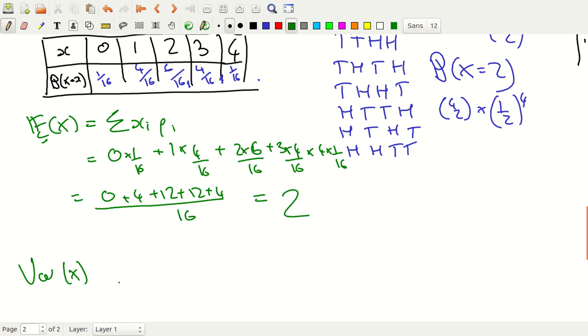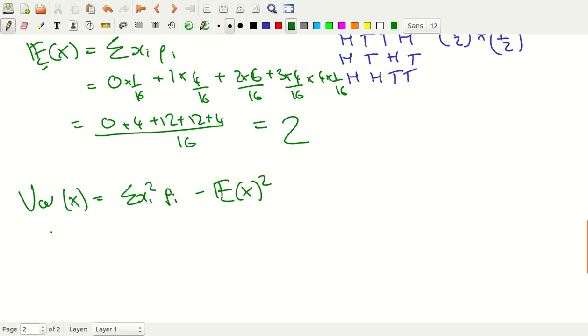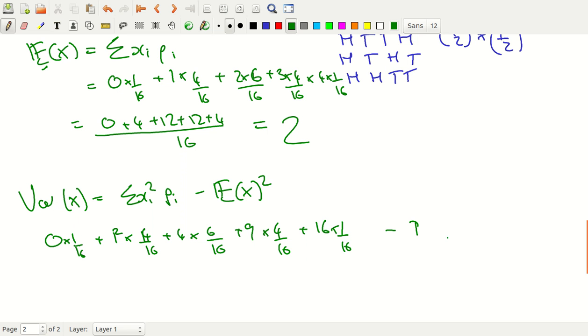Variance of X, again a familiar formula now: sigma x_i squared p_i minus E of X squared, or minus mu squared. So that is 0 times a 16th plus 1 squared, or 1, times 4/16 plus 2 squared times 6/16 plus 3 squared, which is 9, times 4/16 plus 16 times 1/16, minus 2 squared. 2 is that expected value.